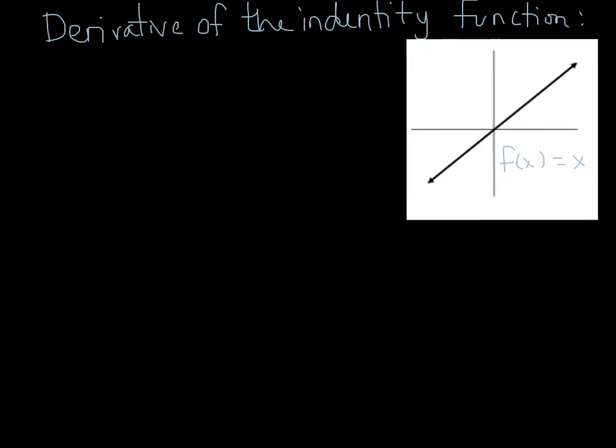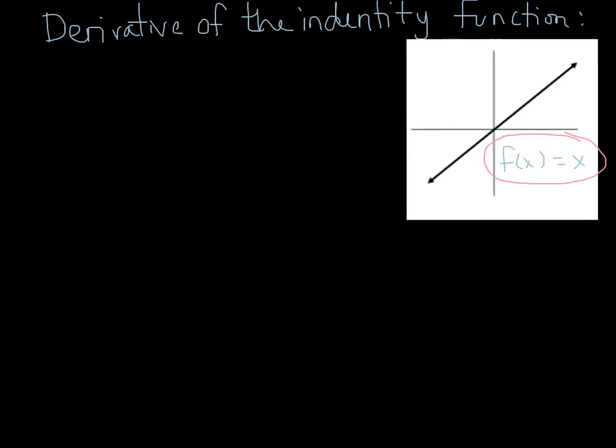Alright, next piece, derivative of the identity function. When we talk about the identity function in math, we're talking about the function f(x) = x, that line that goes from quadrant 3 to quadrant 1, and we know that the slope of that line is always 1.